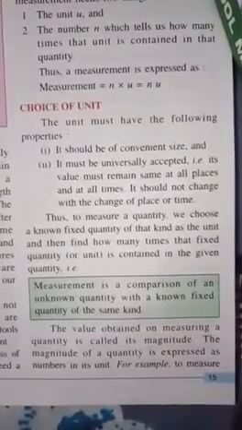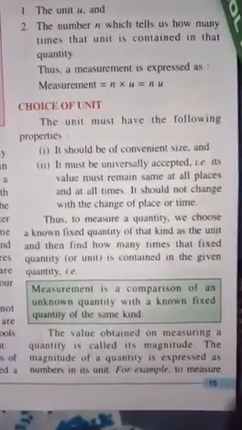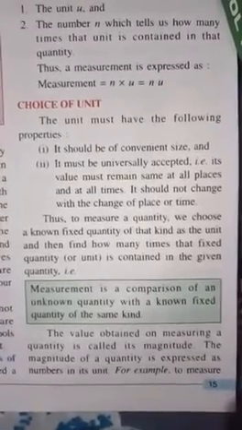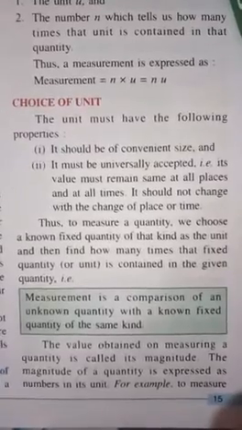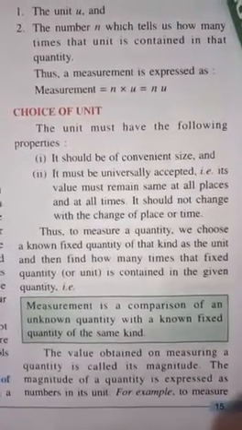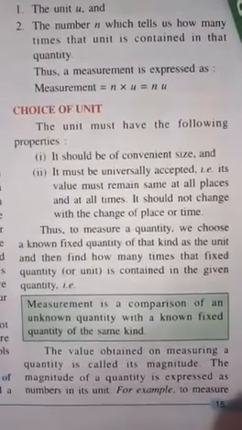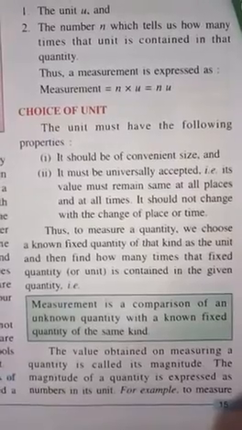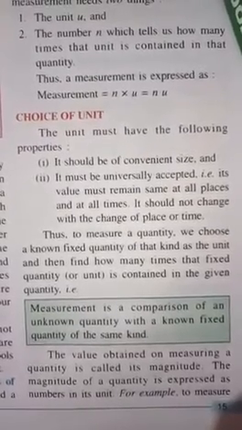Thus, to measure a quantity, we choose a fixed quantity of that kind as the unit, and then find how many times the fixed quantity is contained in the given quantity. That means measurement is the comparison of an unknown quantity with a known fixed quantity of the same kind.